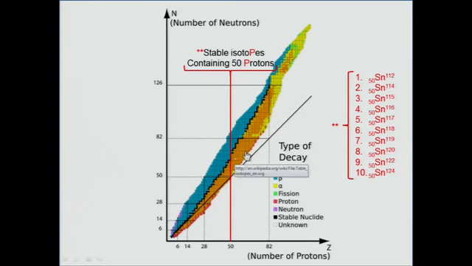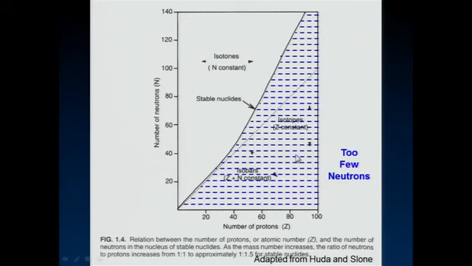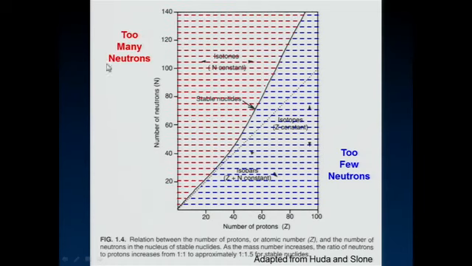And that's going to help us decide what the decay scheme is going to be there. So going back to that picture, these are the things that have too few neutrons, or if you will, have too many protons relative to neutrons. And these are the things that have too many neutrons, or if you will, have too few protons relative to the neutrons there.